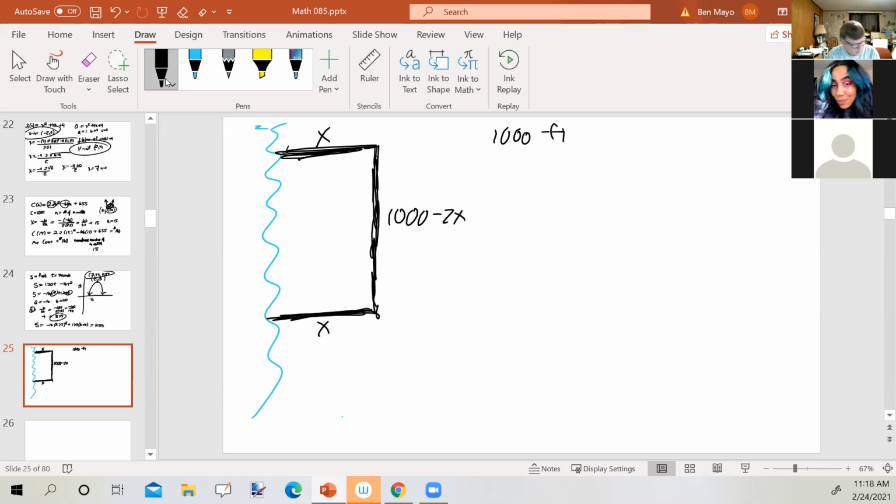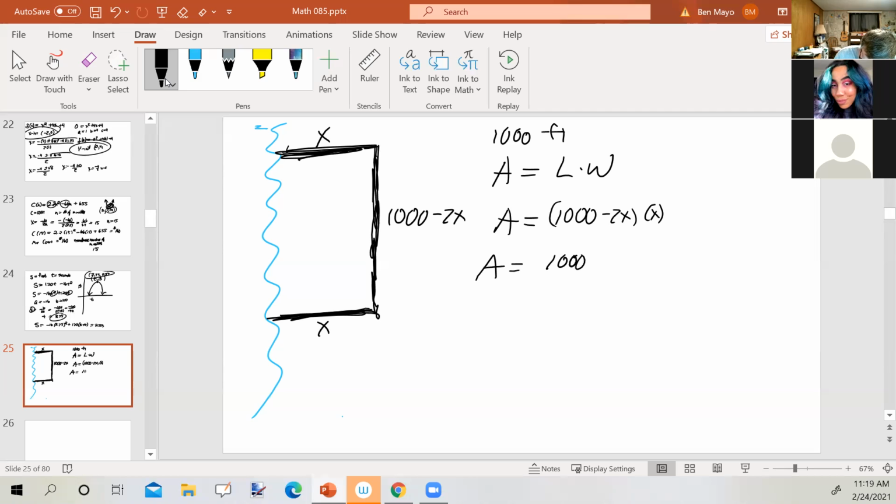Now, what they want us to do is to maximize the enclosed area. Well, the area of a rectangle is the length times the width. So the area would be 1,000 minus 2X times X, or 1,000X minus 2X squared.